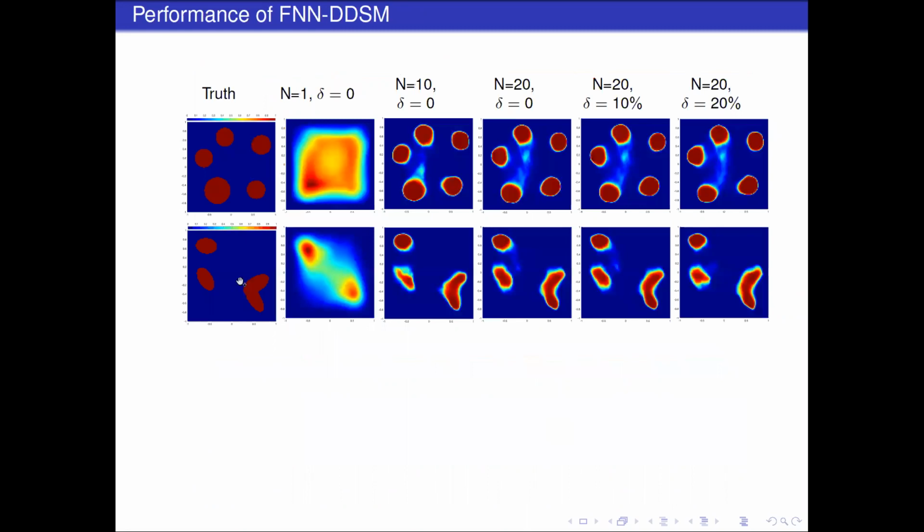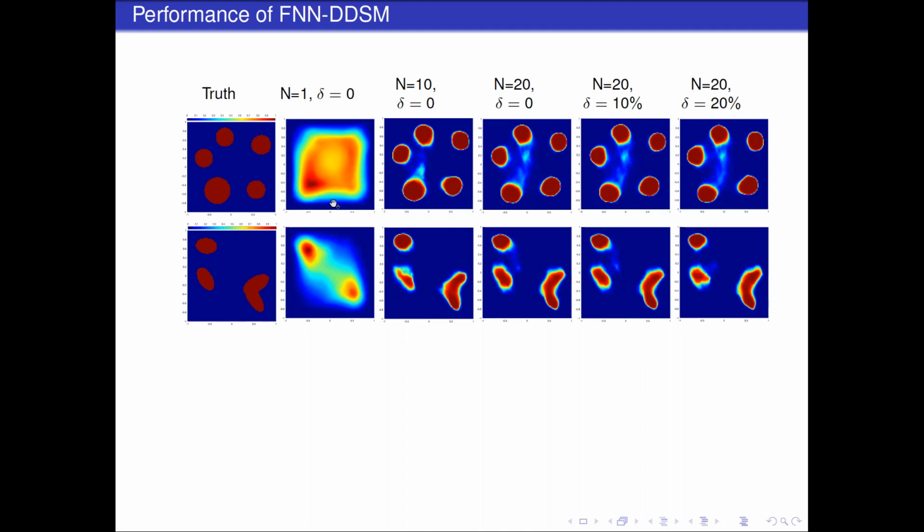Here I show you two examples for prediction, and we can see with multiple data pairs, indeed, we can obtain quite accurate reconstruction for 5 circles and for 4 ellipses, and it is really robust with respect to very large noise. But the problem is for the case of one single data pair, we couldn't obtain any reasonable reconstruction.